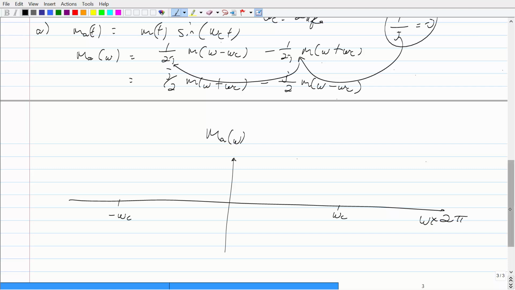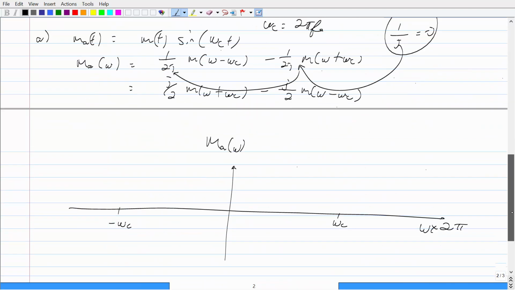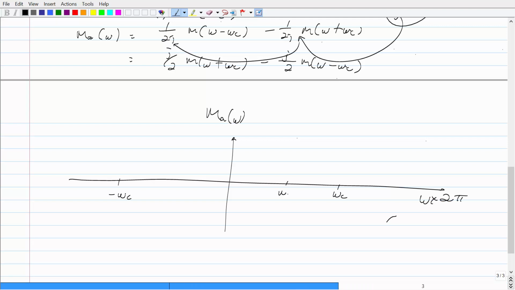So on our spectrum, we have minus b, minus b over 2, plus b over 2, and plus b. It's going to look like this between here and here, and then the height is j over 2, not j over 2. Sorry, it's minus.